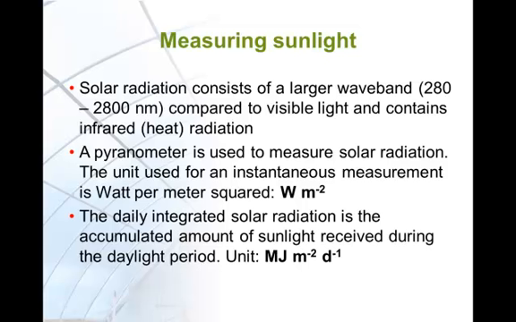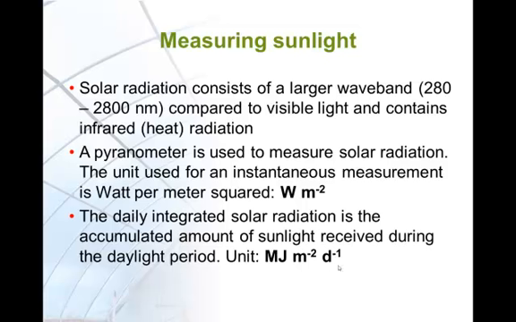And then we use a sensor called a pyranometer, which is designed to measure solar radiation. Because much of the energy turns into heat, the unit used for solar radiation is often watt per square meter. And also, we use daily integrated solar radiation. In that case, the unit turns into megajoule per square meter per day.